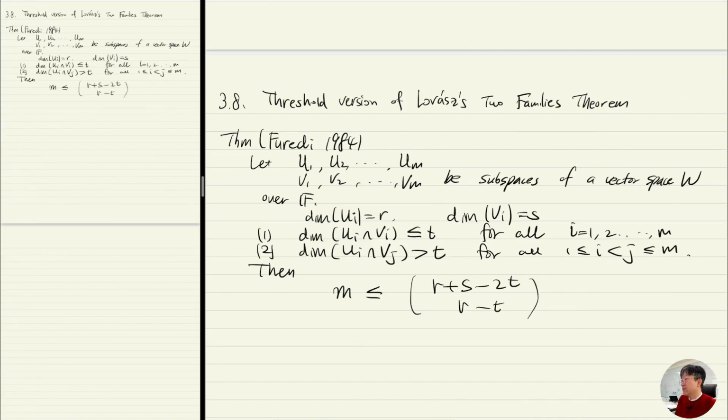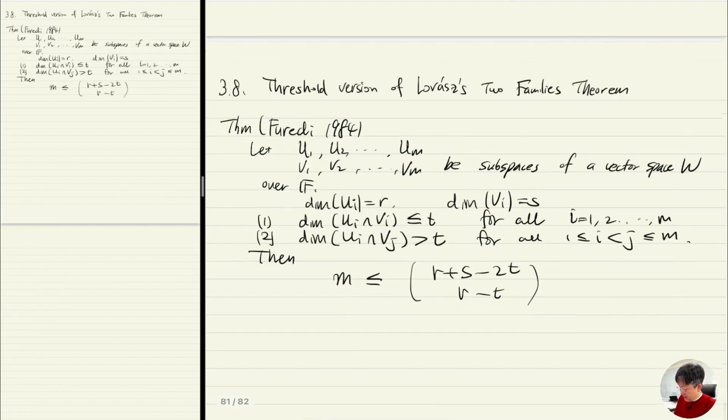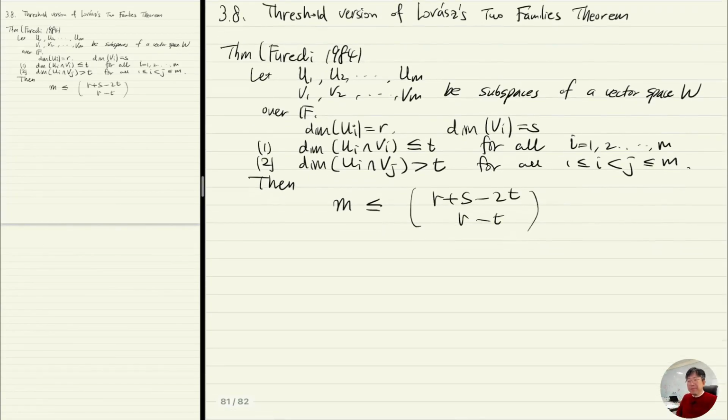I think we have to assume that, yeah, we don't have to assume that r or s is bigger than t, because the second condition already implies that r is bigger than t and s is bigger than t. All right, so that's the theorem.